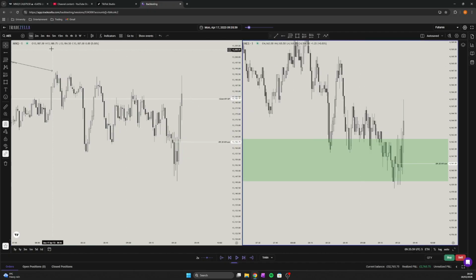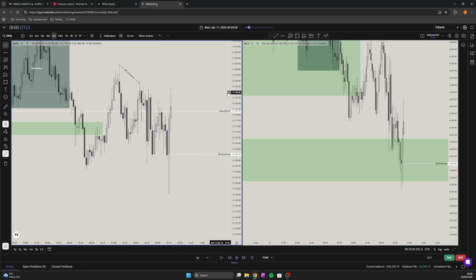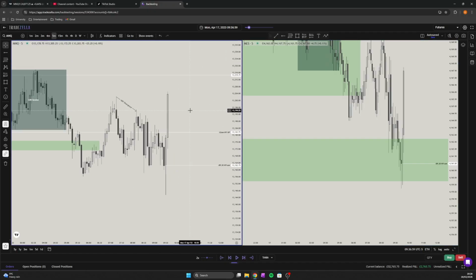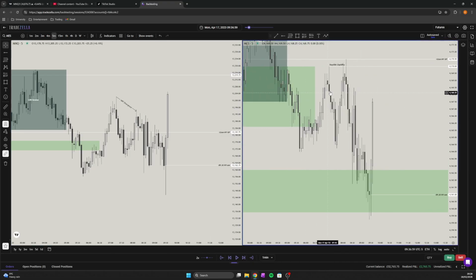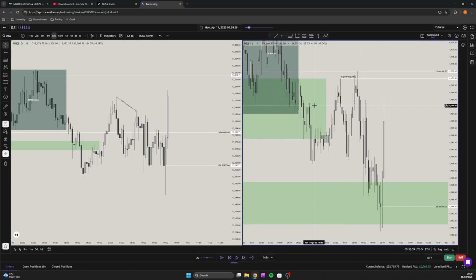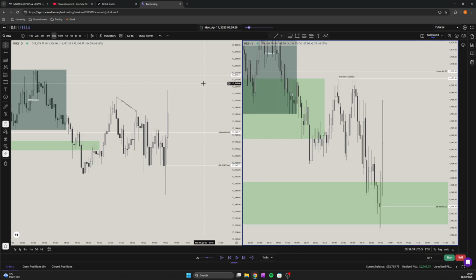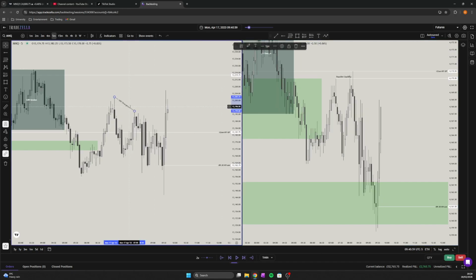Okay, we have a manipulation higher. We take out this area here. Okay, we have a nice wick, so we have buy side taken here, and we actually fail to sweep this one.